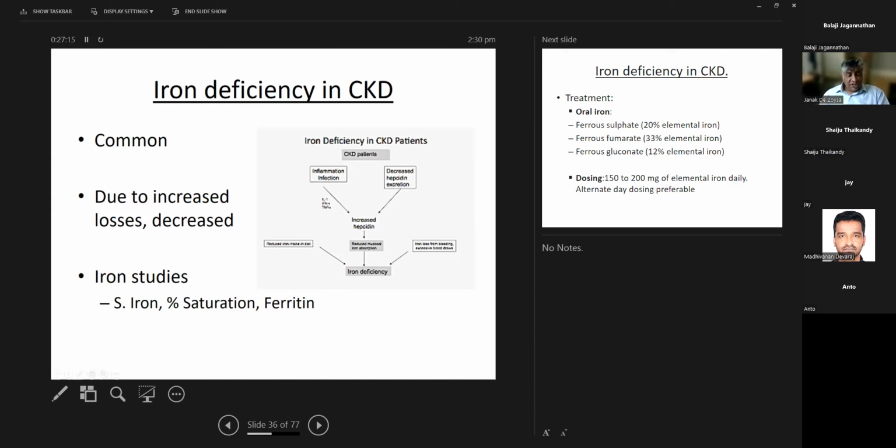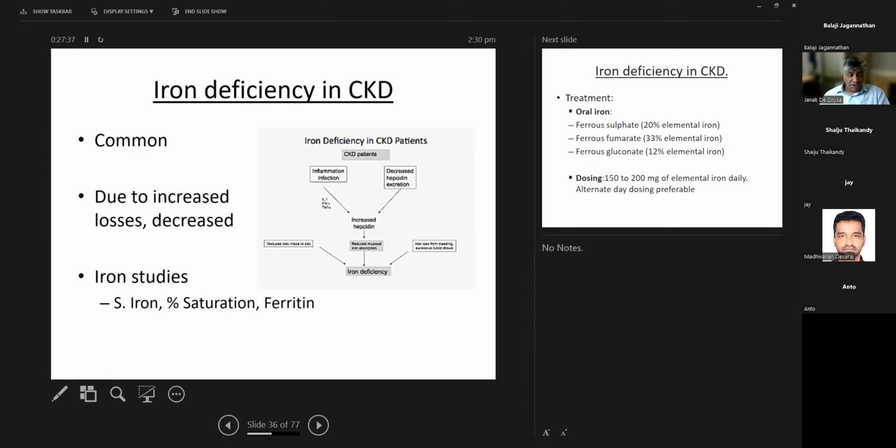So we'll often check for iron deficiency anemia, and you remember that ferritin is often a great marker, and if it's low, it represents iron loss. But ferritin will also go up in cases of inflammation, so you might have normal ferritin but still have a relative iron deficiency.